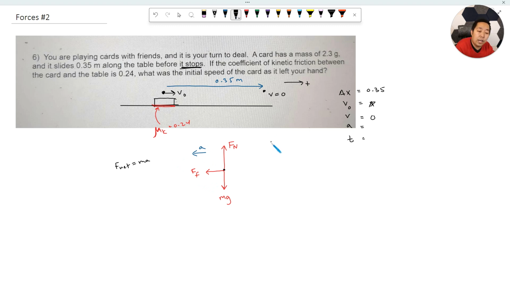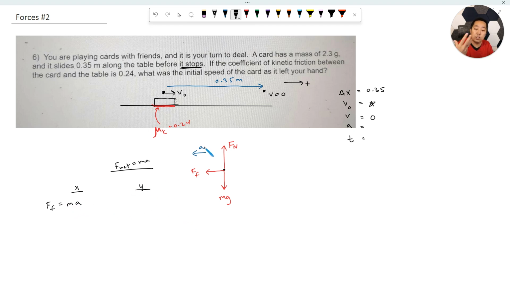Next, F net equals ma, done in the x and y directions separately. In the x direction, the only horizontal force is friction, which equals the mass times the acceleration.